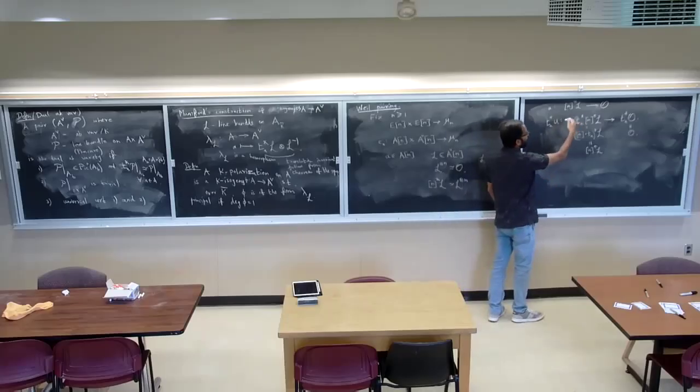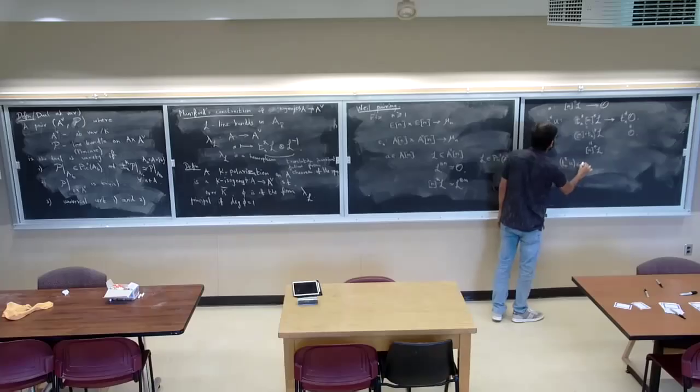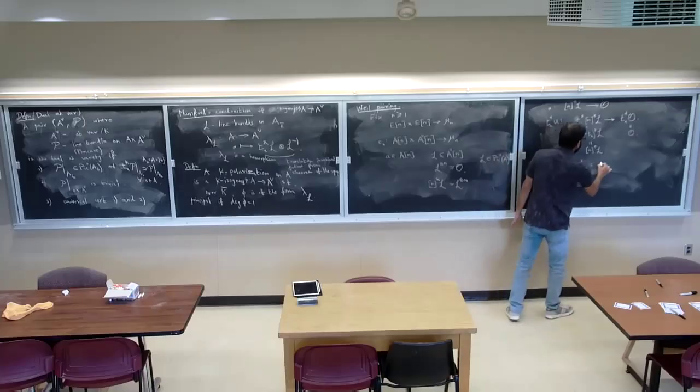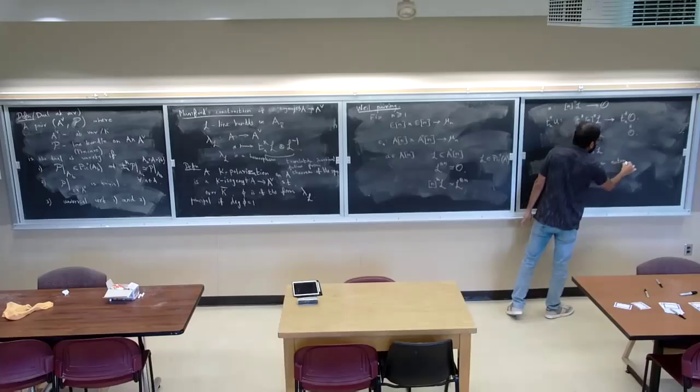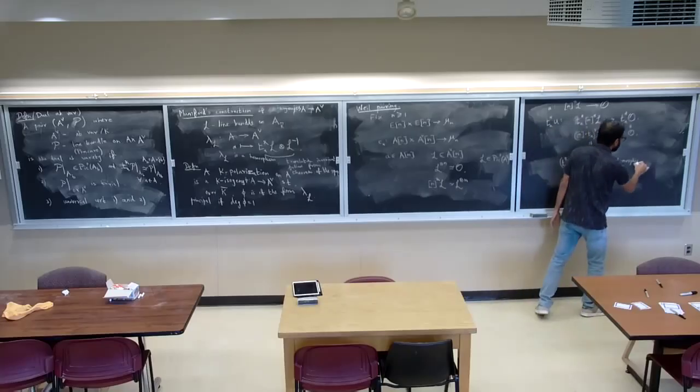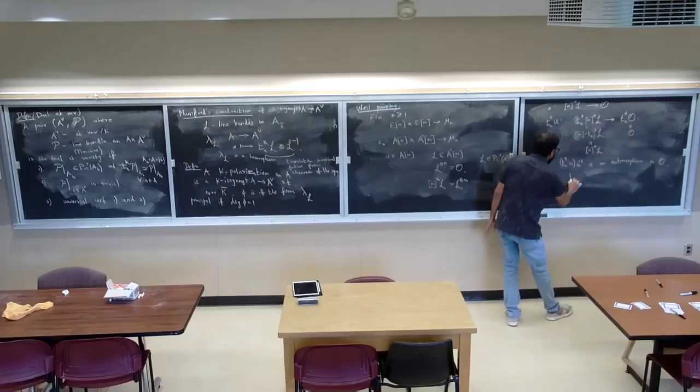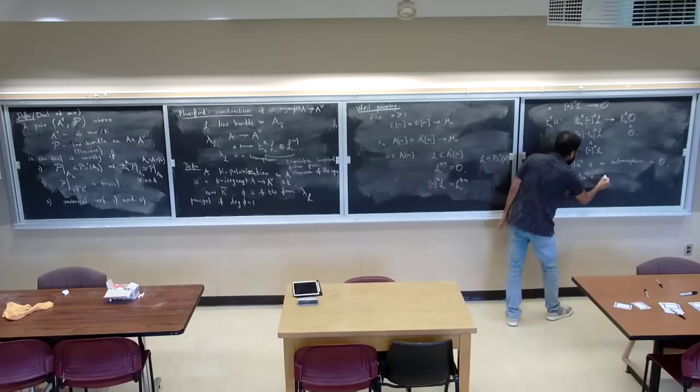You can compose one with the inverse of the other, so you get an automorphism of the line bundle O, and the only such automorphisms of any line bundle on a complete variety has to be multiplication by a scalar. So this is just some scalar.